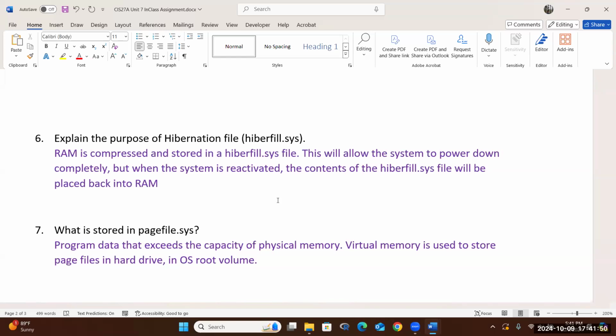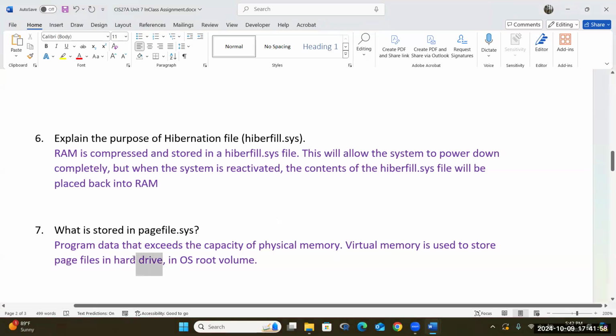But if I'm playing it on a very simple computer, I would then need to capitalize on my hard drive space, right? If you're looking at the root volume for the OS, like Windows, that will be your C drive, and your page file will go there. So it is a way to supplement your RAM when you don't have enough, right?